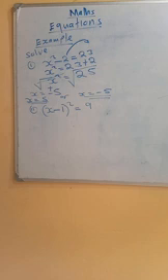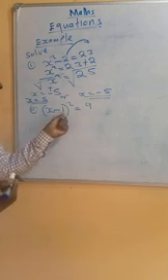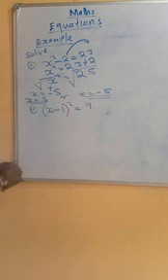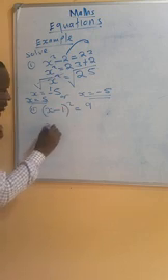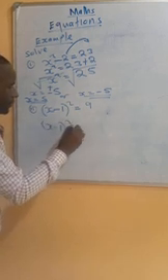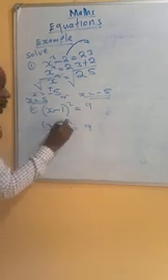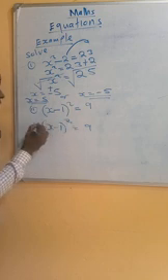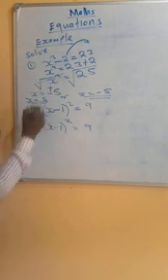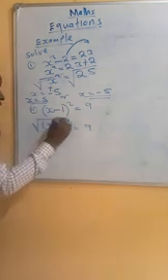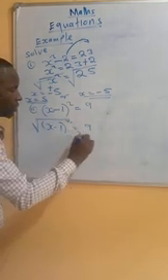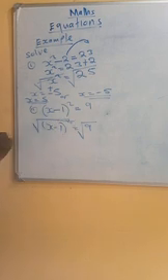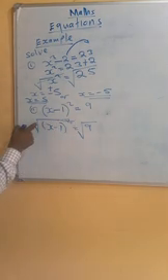The second question, x minus 1 bracket the power 2 is equal to 9. So here we need to remove this square that is there. Now to remove the square, just like I did here, we are going to introduce square root here and also square root there. So we are going to cancel the square and the square root.